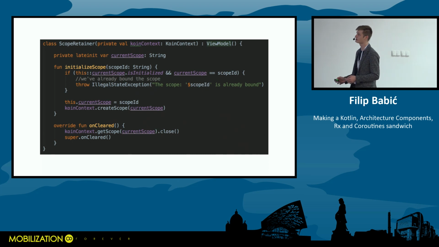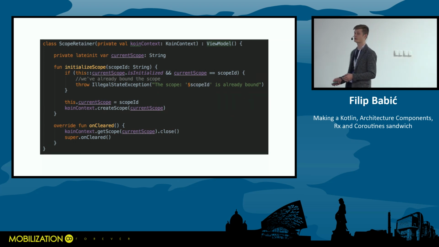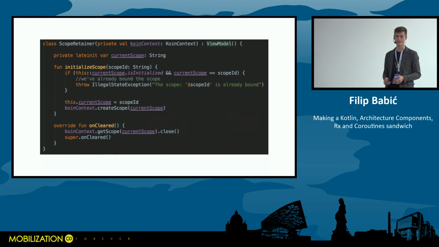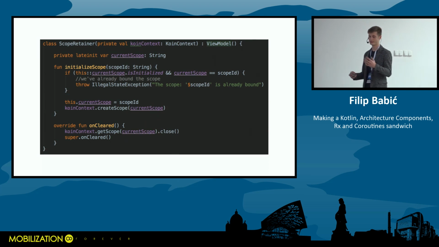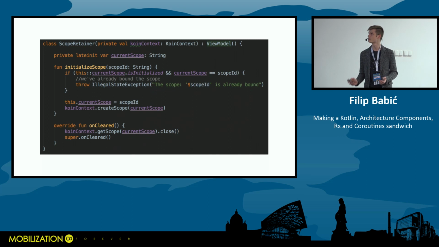Once we create the scope, Koin starts up the dependency management of that scope. For example, the login scope: all the login dependencies will be started up. And of course, you can use the onCleared function from the view model, when the view model dies with the screen, so the activity or the fragment, and you can clear that scope. So the entire process of dependency management, memory management, and optimization is done via one class.